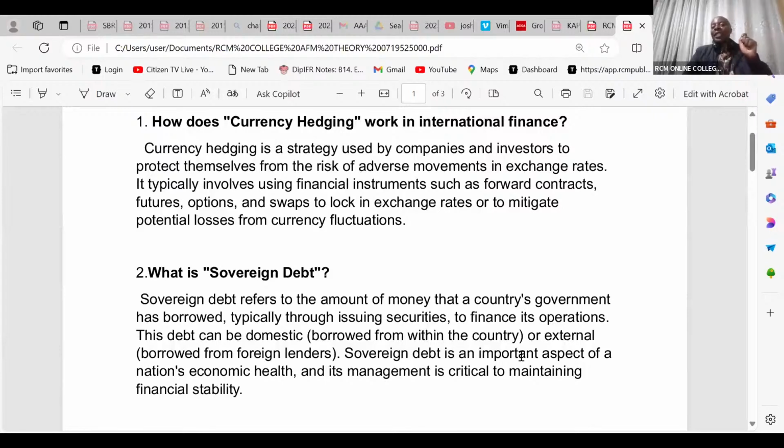Sukuk bonds are bonds issued on Islamic principles. The first principle of Islam as far as money is concerned is that whatever loan they give, we don't pay with interest. Interest to them is haram.